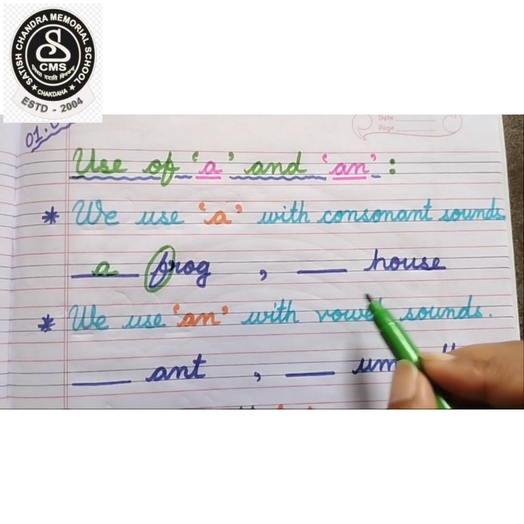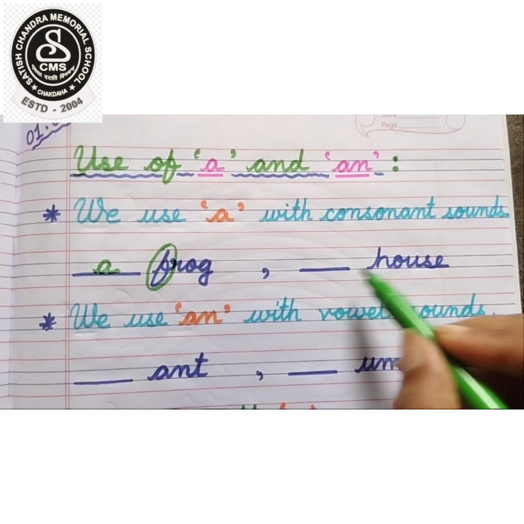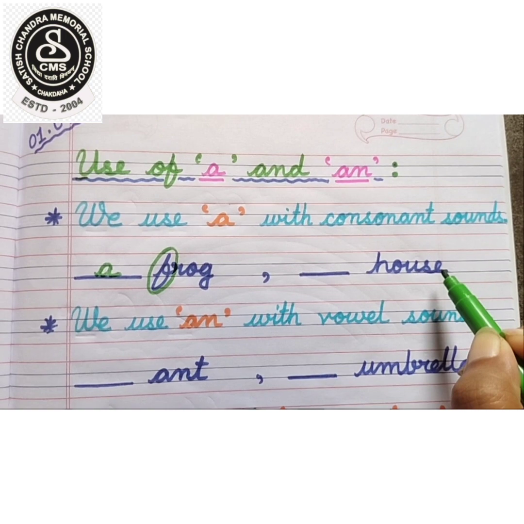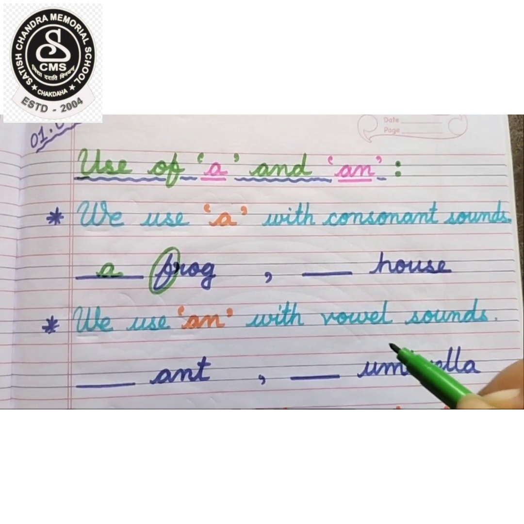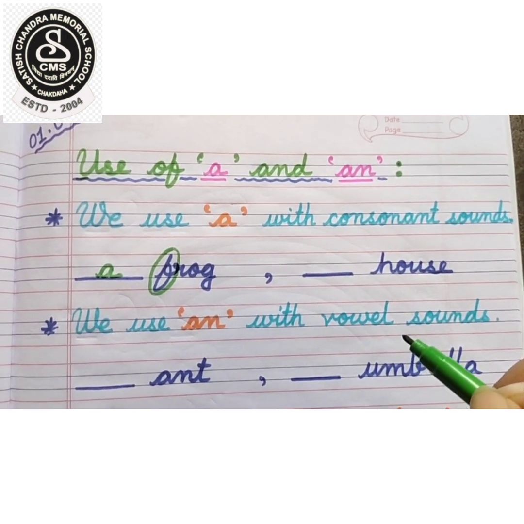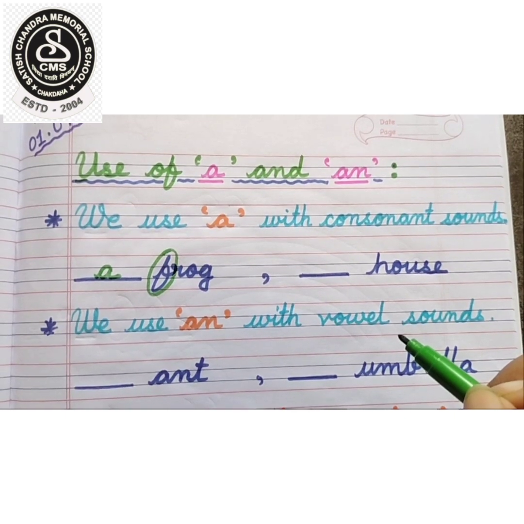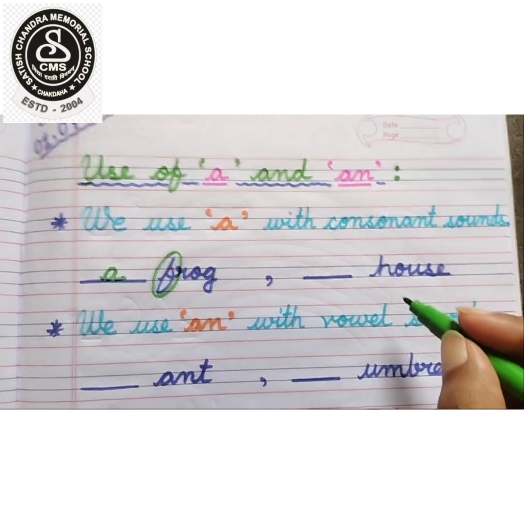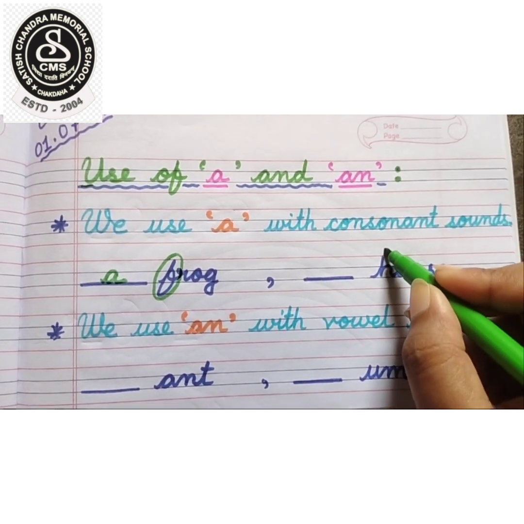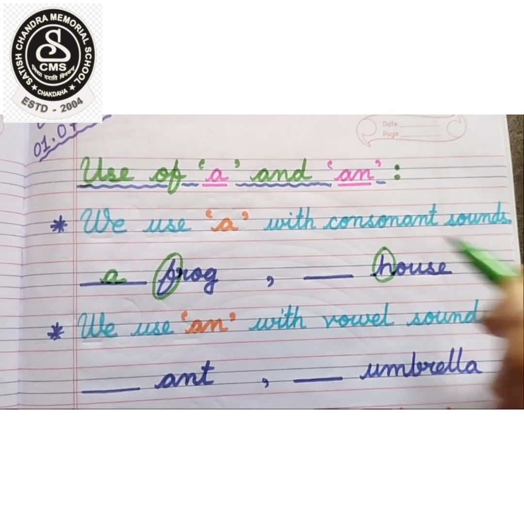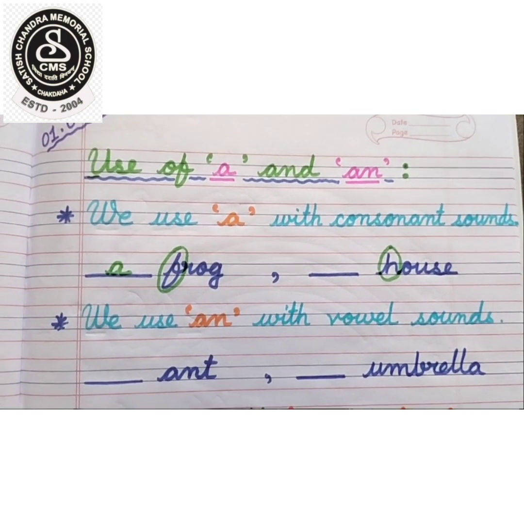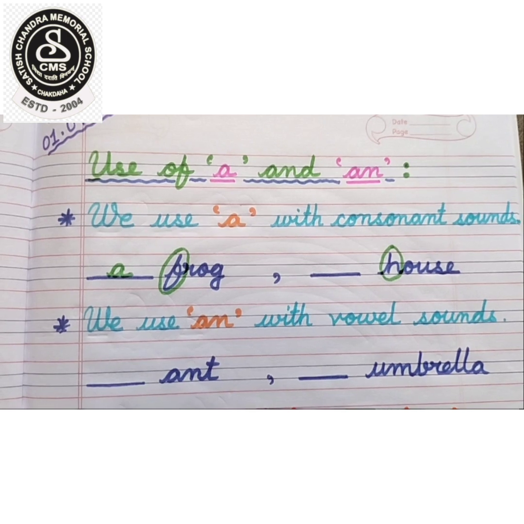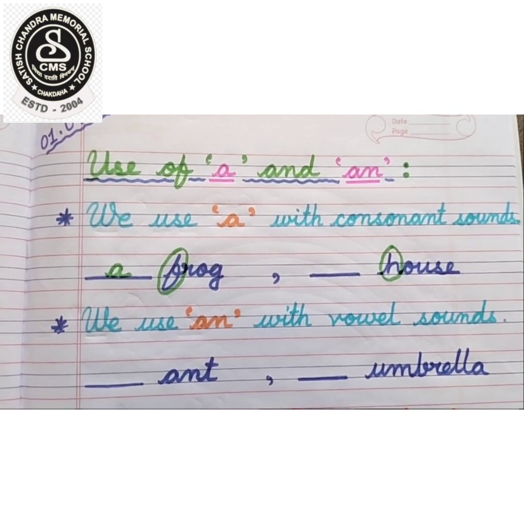Now let us see the next one. Dash house. Now children, tell me which one is the beginning alphabet in this word house? Very good. H. H sounds H. Now H is a consonant or a vowel? Very good.